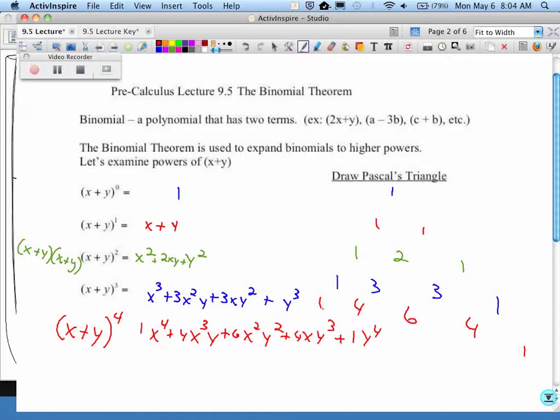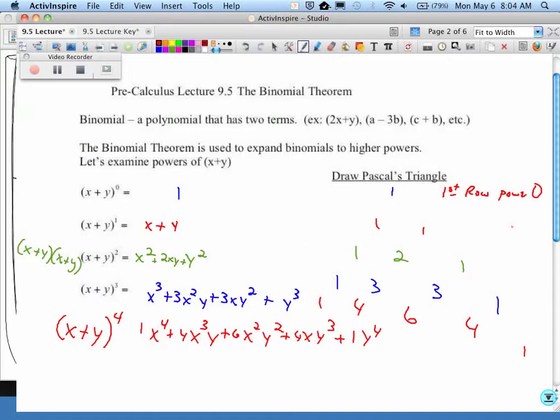Please understand, though, that 0, remember the 0 power? The first row is the power of 0. It is, in a sense, 1 behind. So when you get down to like the 13th power, I ask you to do x plus y to the 13th power, what row of Pascal's triangle do you have to write out? 14.